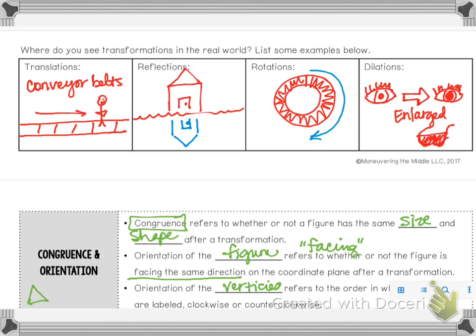So in other words, if you have triangle ABC, and you flipped it across, you had a reflection, and it became CBA, the order in which you would read those vertices has now changed. So we call this an orientation of vertices change.